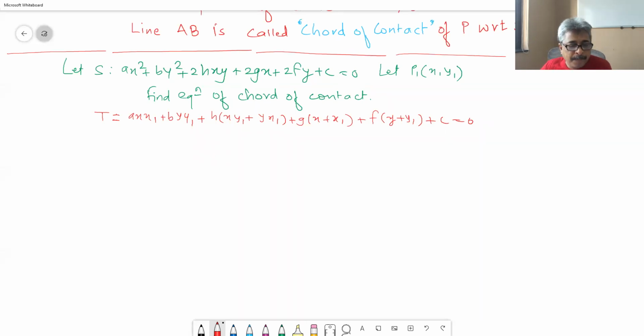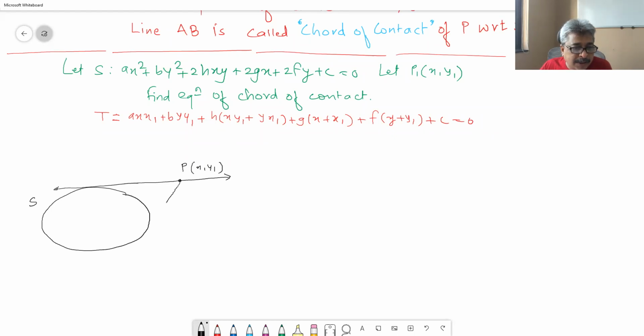Okay, idea is very simple. Suppose you have, just to demonstrate that there exists a curve like this, S, this is S, and there is a point P. So there will exist a tangent like this, passing through P, tangent to S, and there exists another tangent looking like this, passing through P, tangent to S. Let us call this A and B. And we are interested in finding out the equation of this.